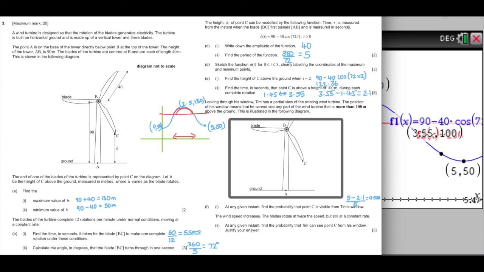Okay, so the actual proportions aren't changing at all. So it's still 0.580, and it's because the proportion hasn't changed. So changing the frequency won't change how often it's at the top of the wind turbine compared to at the bottom. Okay, so it hasn't changed that at all.